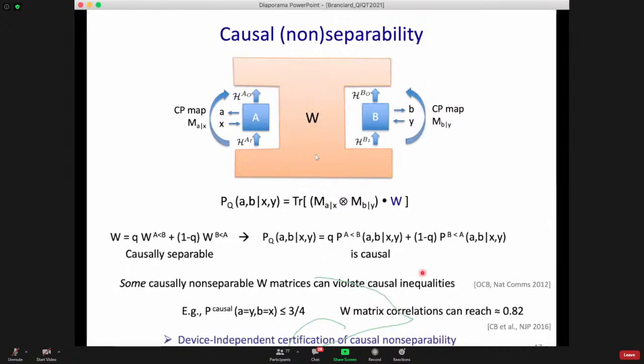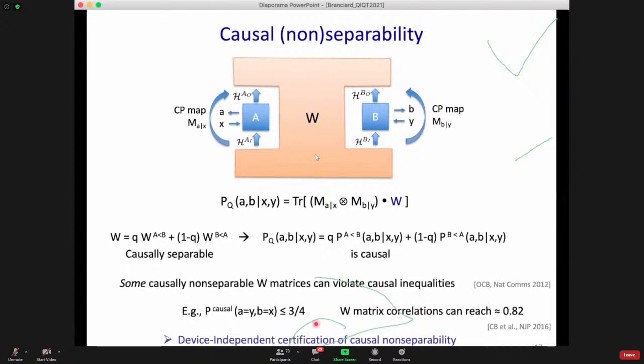And indeed, this framework of process matrices allows for some violations of causal inequalities. This was essentially the main result from that paper, in 2012. So yes, you can violate some causal inequalities. That's the causal inequality that I wrote before. The process matrix correlations can give you a value up to 0.82, beyond this 0.75 limit. And you get from this a device-independent certification of causal non-separability.